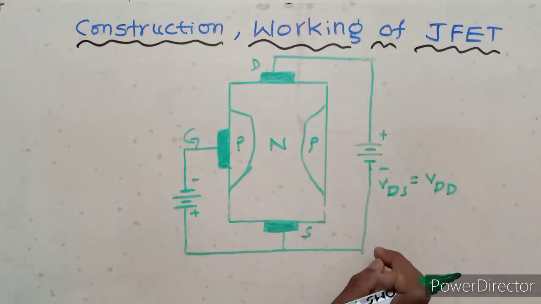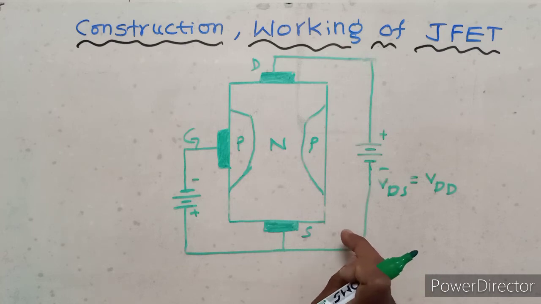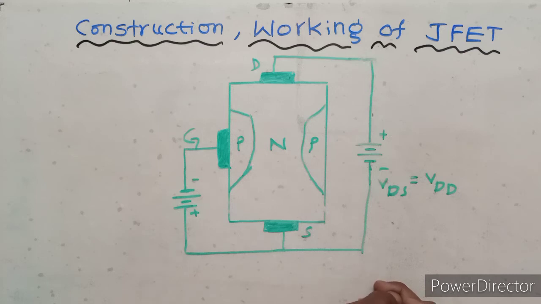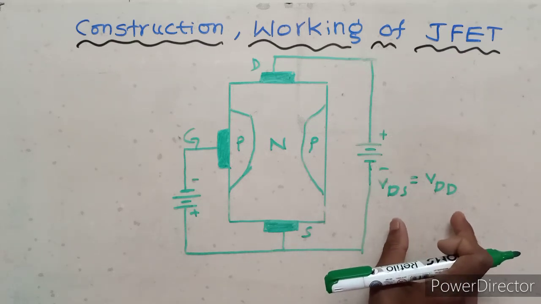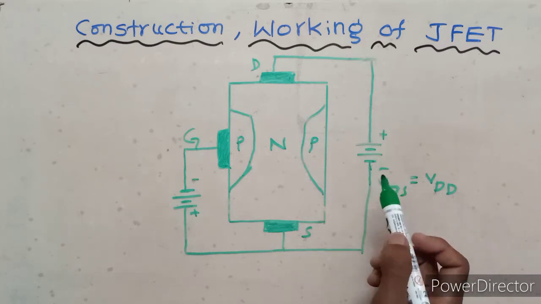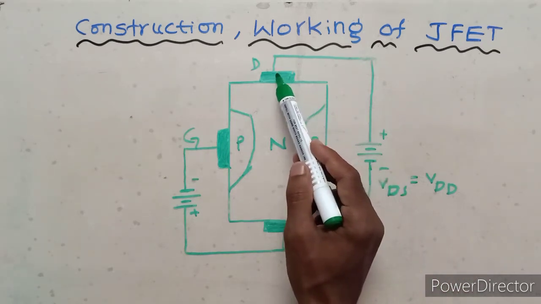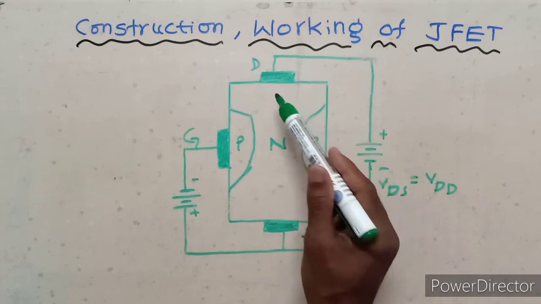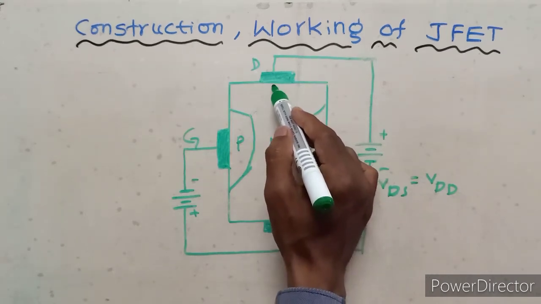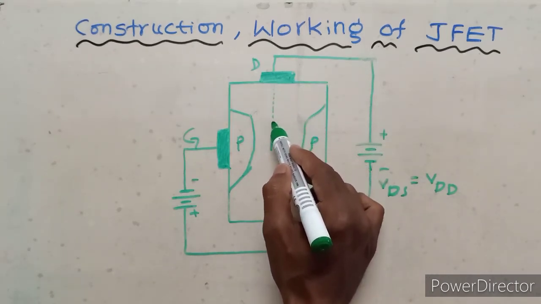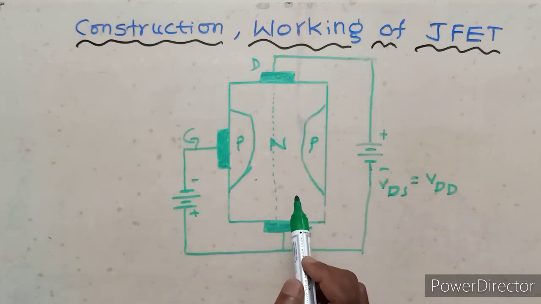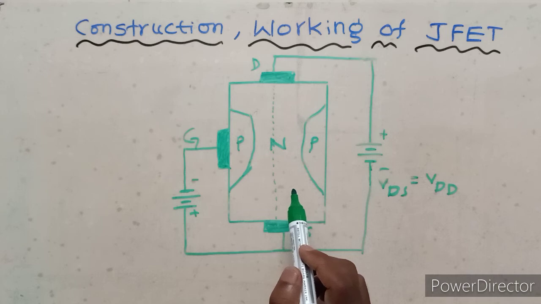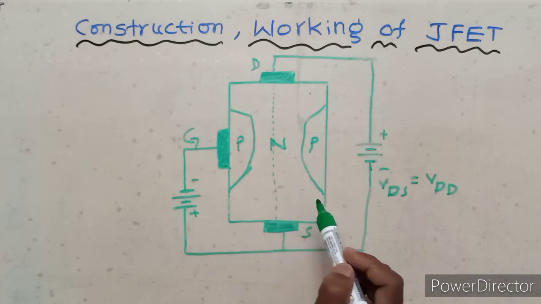The supply voltage from drain to source will cause the electrons to flow through the channel.